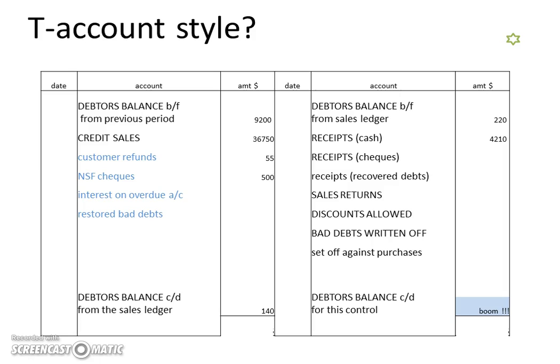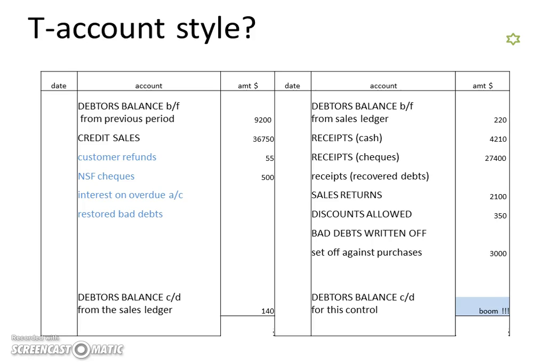So I put in the receipts of the cash, the receipts by check. Remember, there were no bad debts recovered or anything of that nature. So the sales returns, the discounts allowed, the bad debts written off. Well, obviously there were none, and hence only the set off against the purchases.